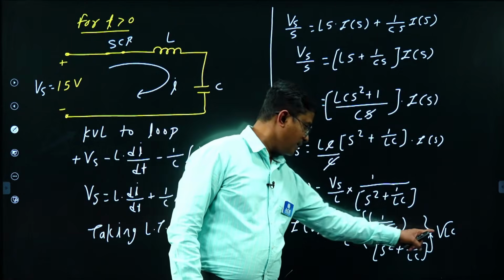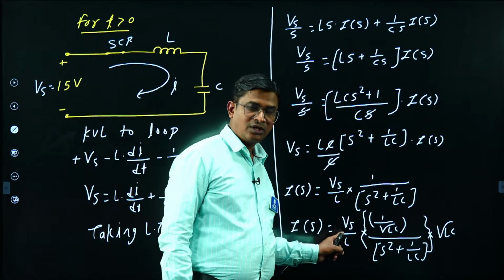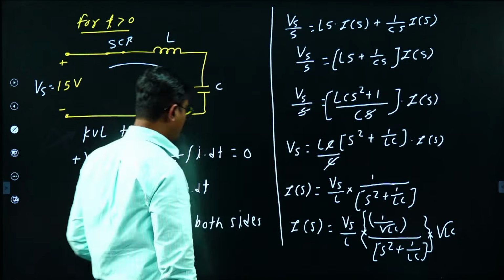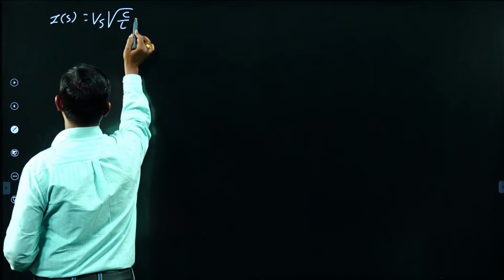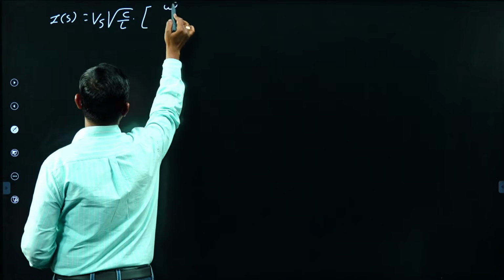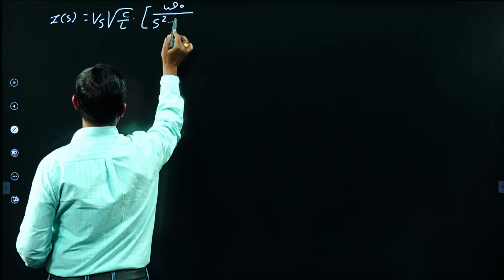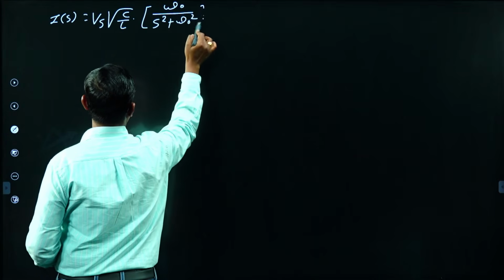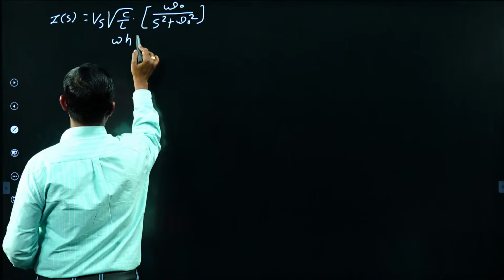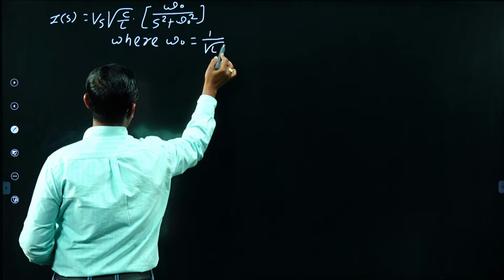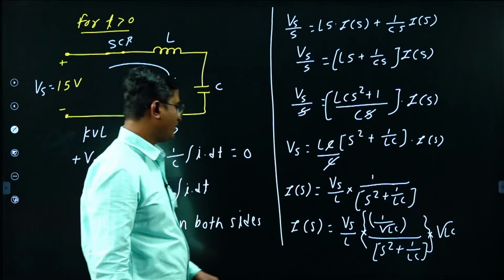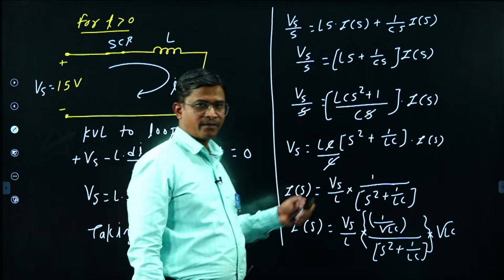This root L will get cancelled out, only root L will remain in the denominator. So it is Vs under root C by L into omega 0 upon S square plus omega 0 square, where omega 0 equal to 1 by root LC.